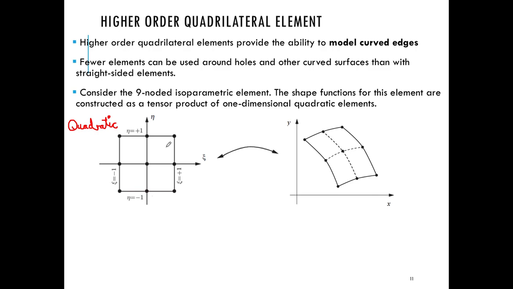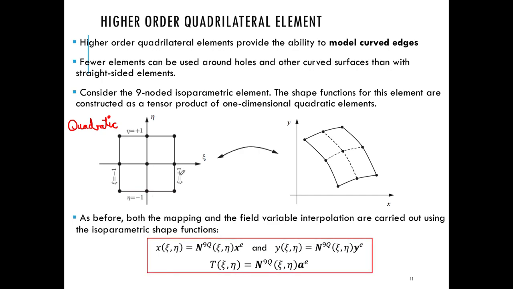Right, now how do we write down the notation for this? Please note that because this has 9 nodes and it is quadrilaterally shaped, we tend to represent its shape functions using the superscript, that is N superscript 9Q. So 9 for the number of nodes and Q for the fact that it has a quadrilateral shape.